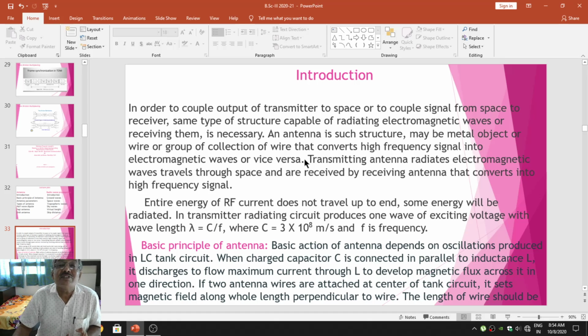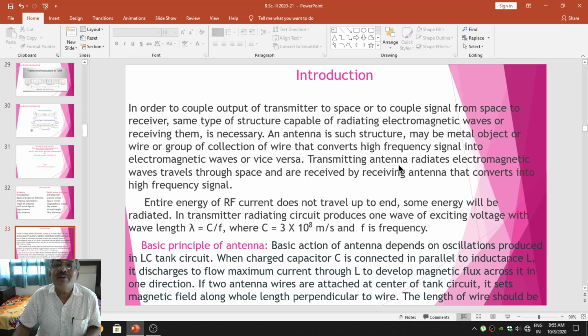That metal object we can call the antenna. The transmitting antenna radiates electromagnetic waves, which travel through space and are received by the receiving antenna that converts them into a high frequency signal.